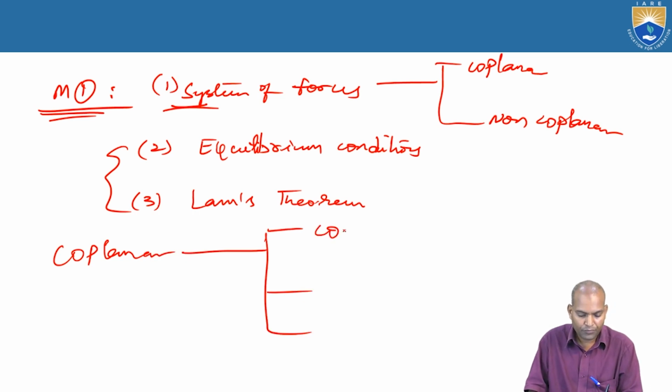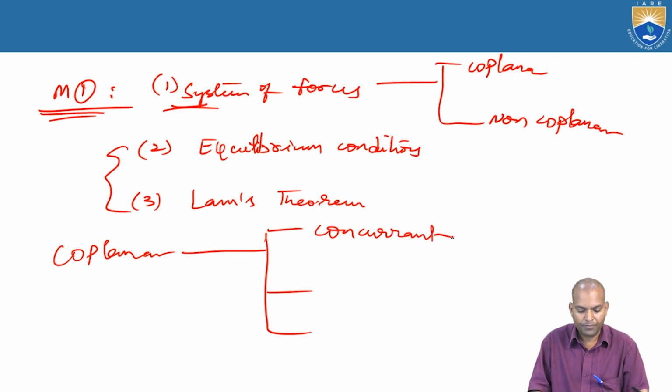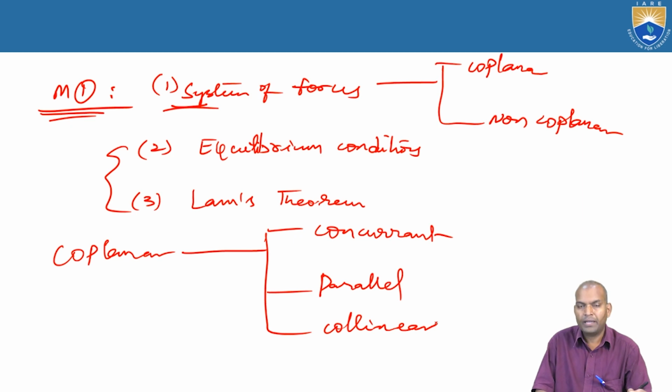The coplanar forces again have various categories. Number 1, concurrent force system. Another one is parallel force system. And the third one is collinear. That is, coplanar concurrent, coplanar parallel, and coplanar collinear force systems.